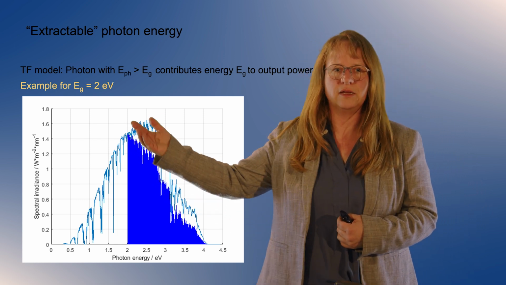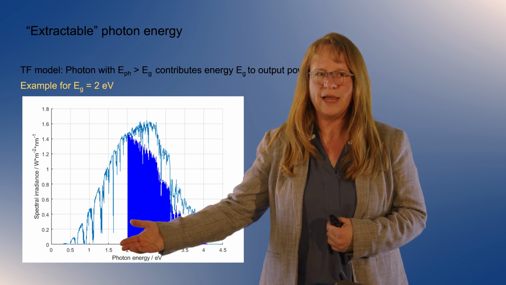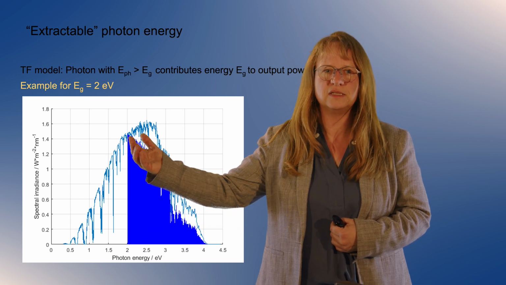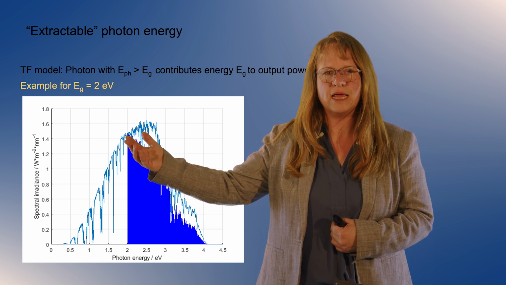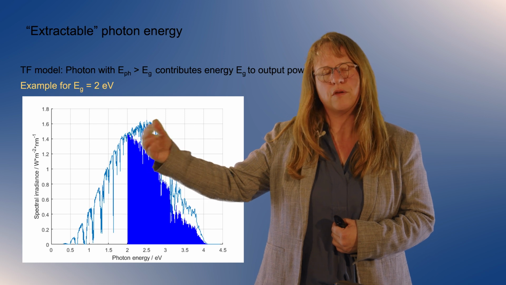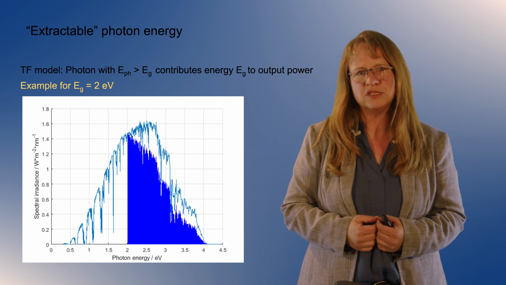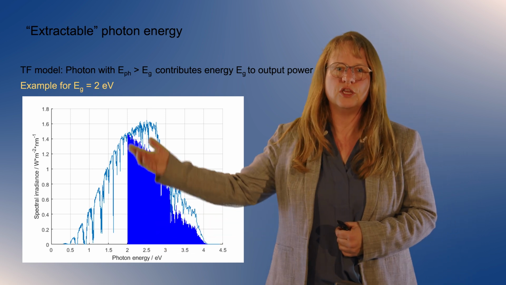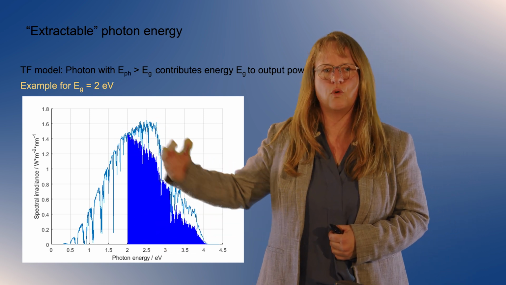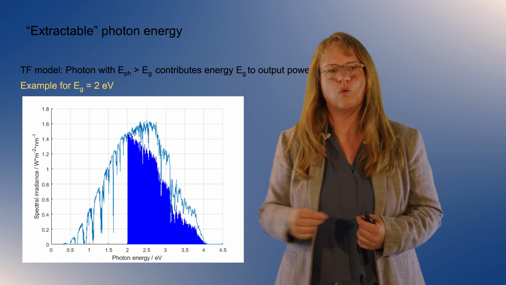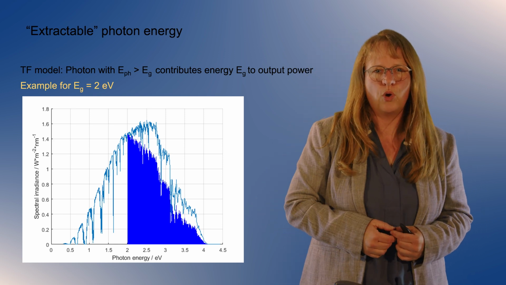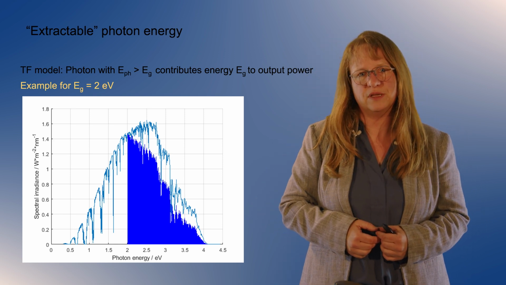So at the energy of 2 electron volts, if we have an incident spectral irradiance of 1.4 watts per meter squared per nanometer, we can also use the full power of 1.4 watts per meter squared per nanometer.